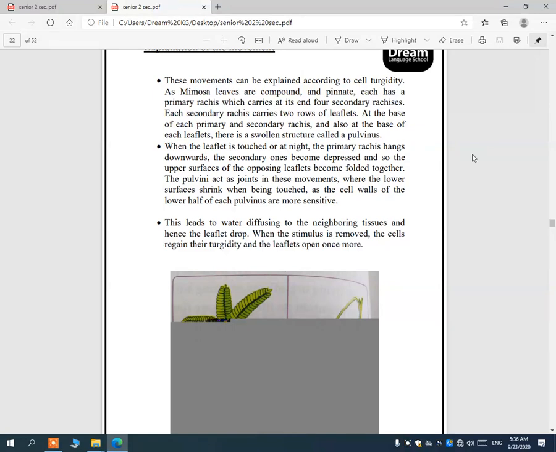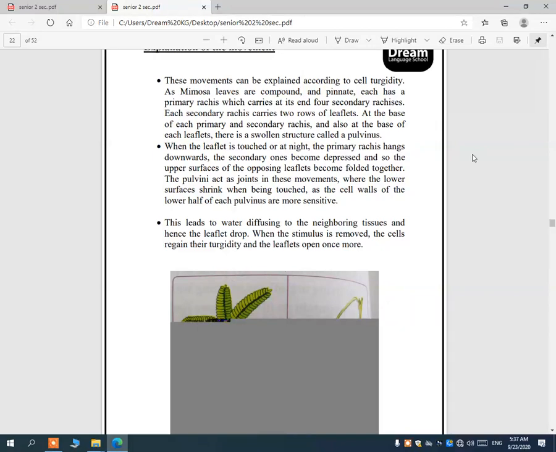Mimosa leaves are compound and pinnate, and each has a primary rachis which carries at its end four secondary rachis. Each secondary rachis carries two rows of leaflets. At the base of each primary and secondary rachis, and also at the base of each leaflet, there is a swelling structure called the pulvinus.